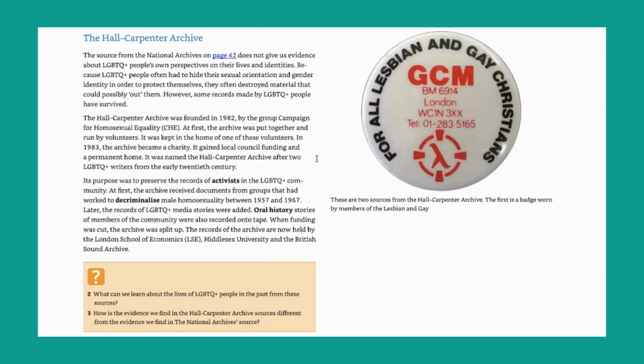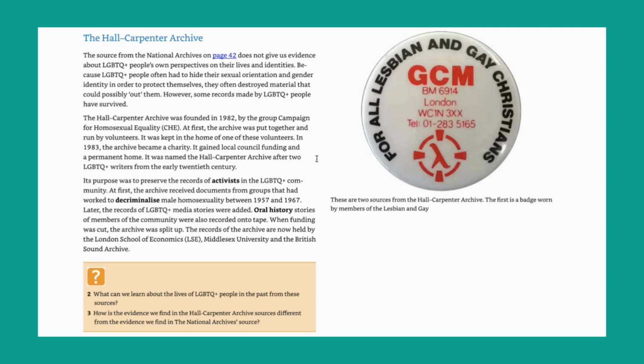These sources might also open up some really interesting questions for students about what counts as evidence, particularly if they're used to dealing with more standard sources like speeches, newspaper articles, etc. Getting students thinking about what a badge might tell them about the past could be really, really interesting.